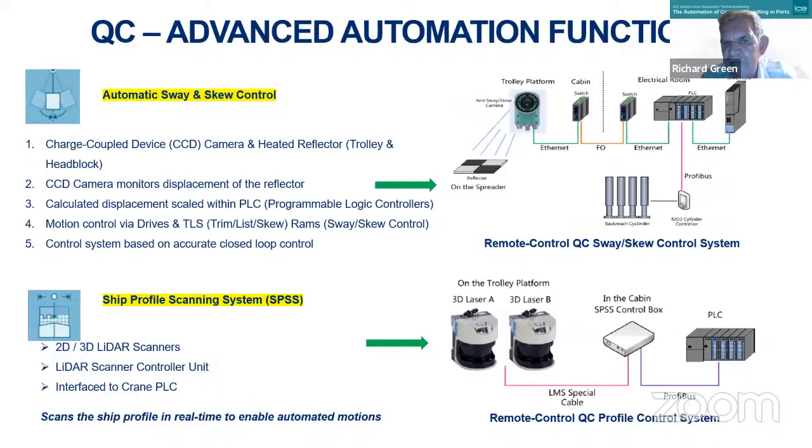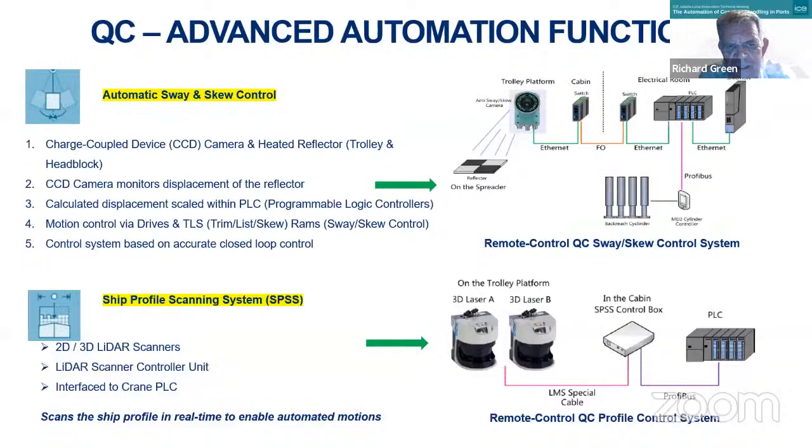On the right-hand side, we've got a reflector and we've got a camera on the trolley platform that indicates movement. That then goes through an earth net, whatever an earth net is, into the cabin switch, and then a fiber optic, another earth net, PLC, another earth net, profile bus. Well, you can guess what all that means, but all it means is automation. So it can automate the sway.